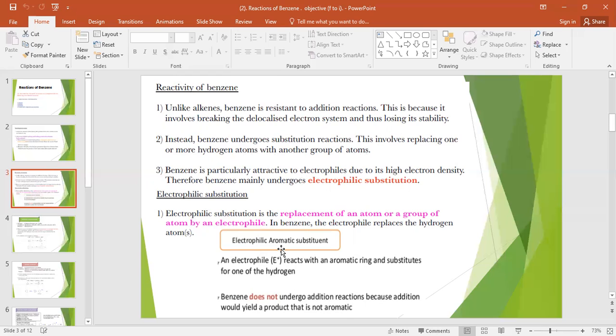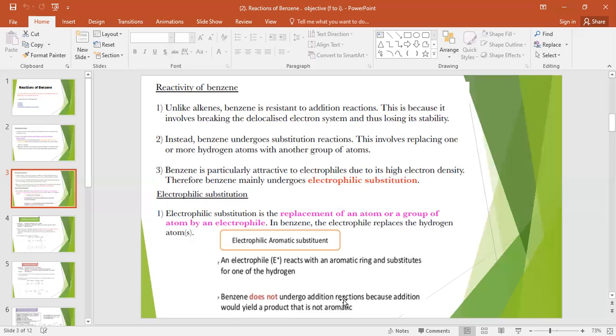So what is an electrophilic substitution reaction? The replacement of an atom or group of atoms by an electrophile, which we denote by E+. It reacts with the aromatic ring and substitutes one or more hydrogens.